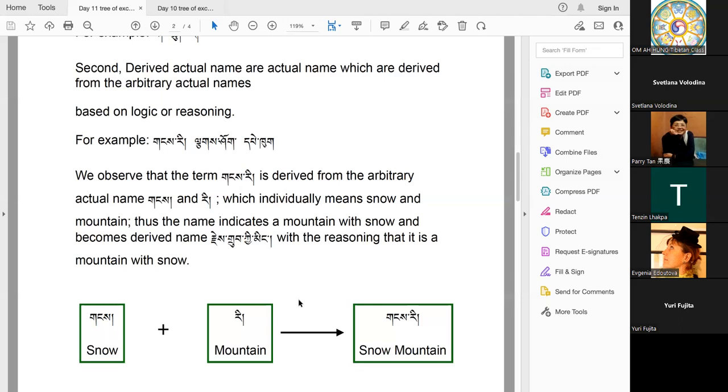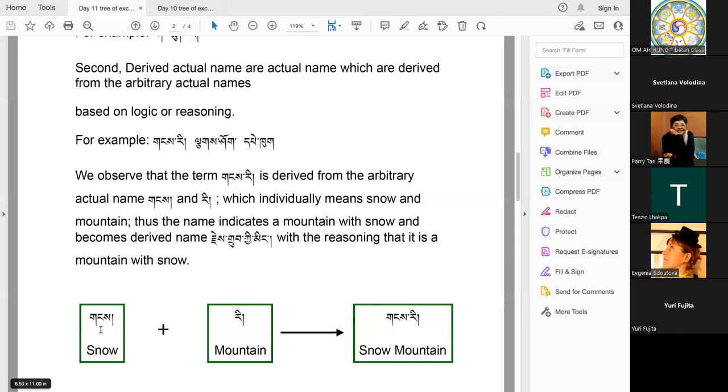Last time we were talking about these in the companion words. We said that we may see things like Ri, which may associate with another name like Kang. But in these cases, these are not companion words. Why? Because Ri individually is capable of conveying a meaning, that is mountain, which in the case of companion words is not possible.